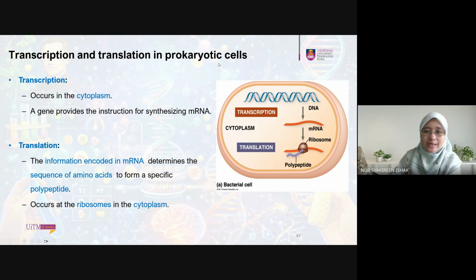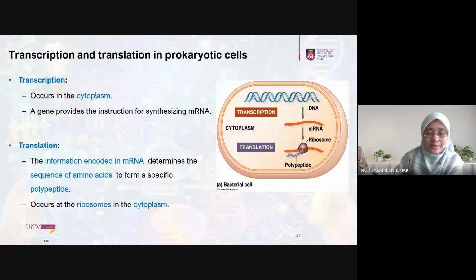This is, for example, a bacterial cell where the DNA is located in the nucleoid region, not in a nucleus. Bacteria don't have any nucleus. Therefore, both transcription and translation occur in the cytoplasm.